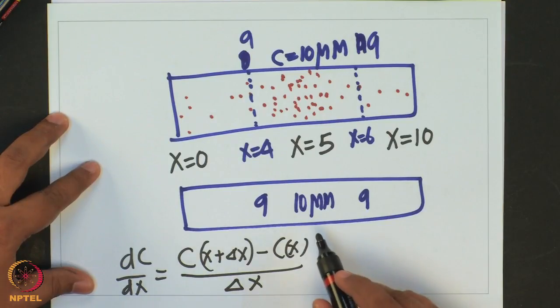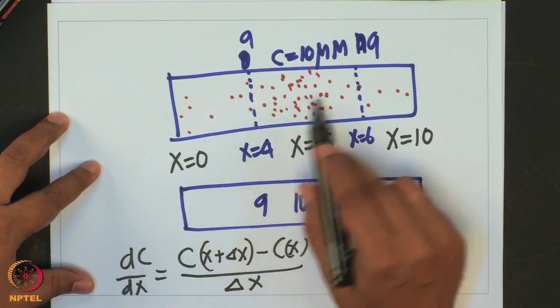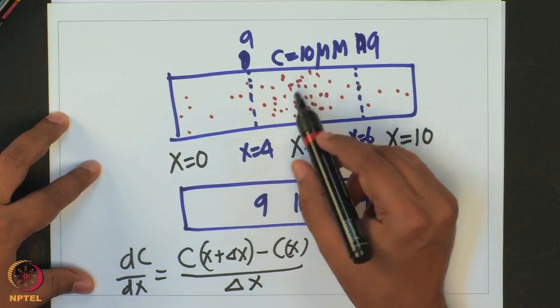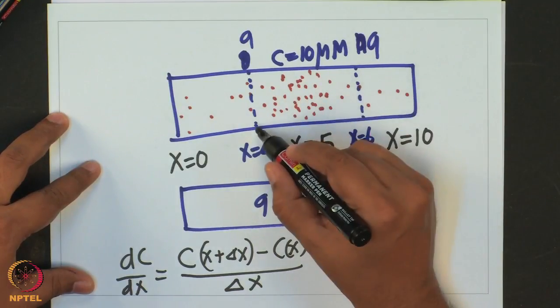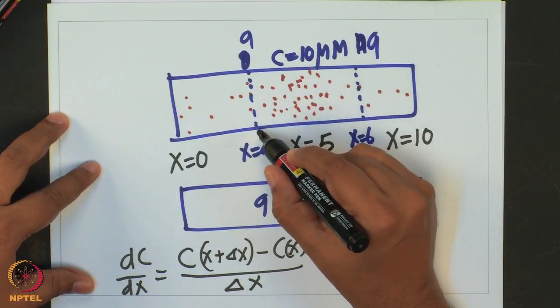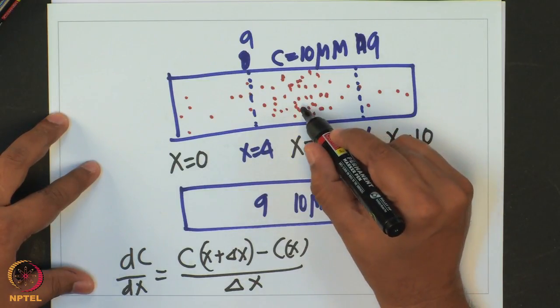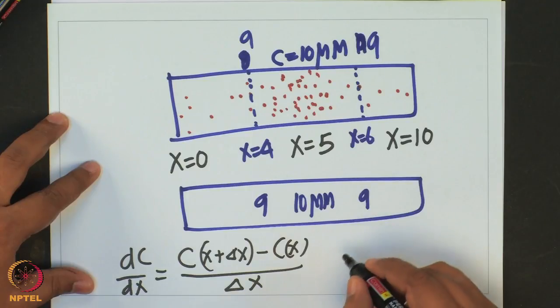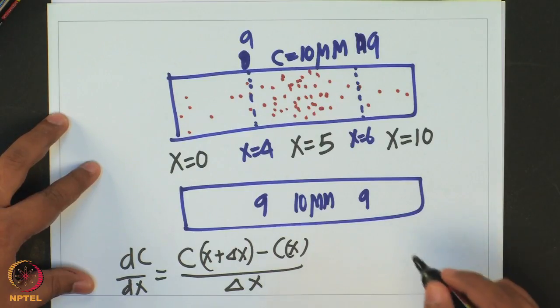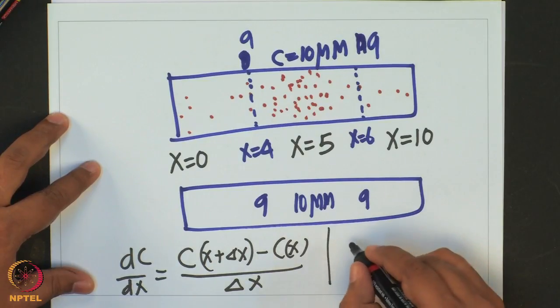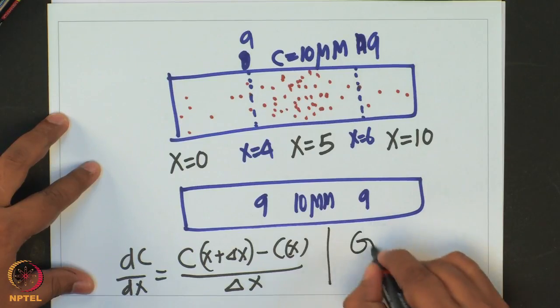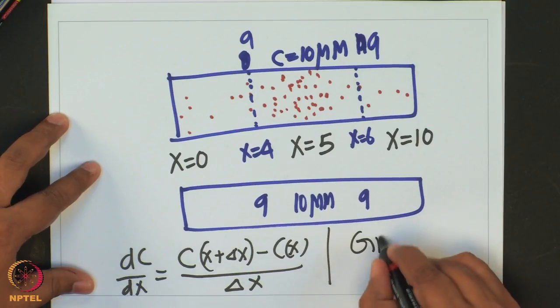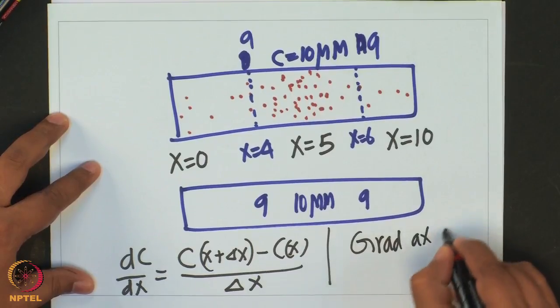So if I compute dC by dx between this and this, let us look at first the flow at 4. The flow at 4 would be concentration at 5 minus concentration at 4. So let us first calculate the gradient at x equal to 4.